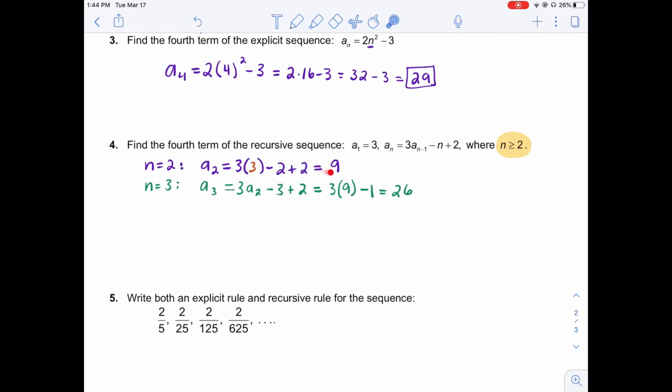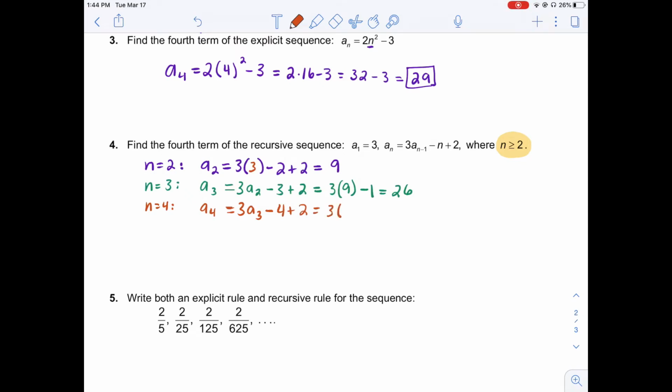So now we've found the second term. The first term is 9, the second term is 26, so we have to do this 2 more times. So next up, we have term a4, which would be 3 times term a3, the term right before it, minus n, which is 4, plus 2. As we go, hopefully the pattern becomes easier to see.